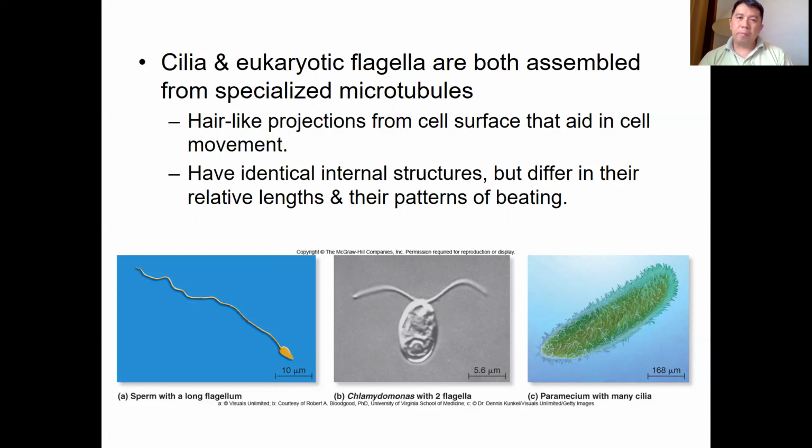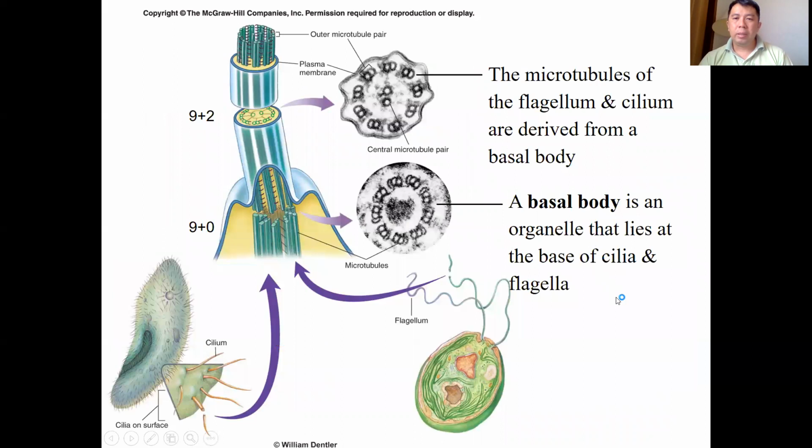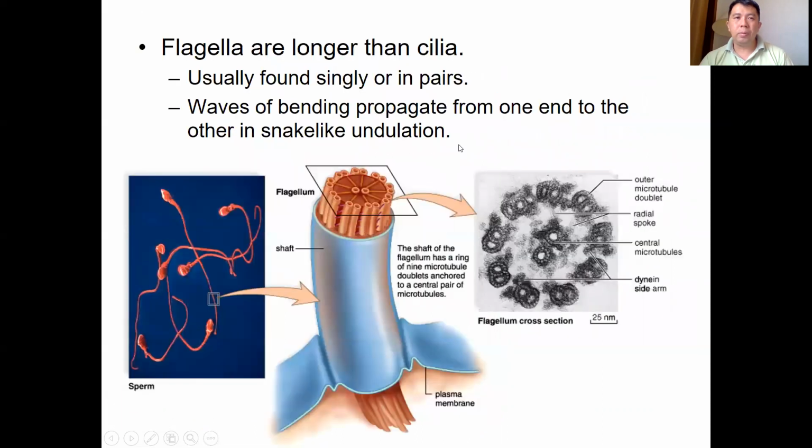So either the flagella or the cilia, the beating patterns are different. Either cilia or the flagella, they share the same basal body, and also the 9 plus 2 microtubules.